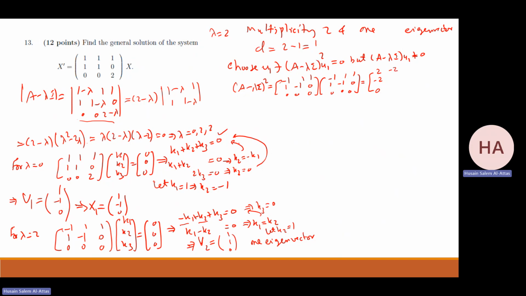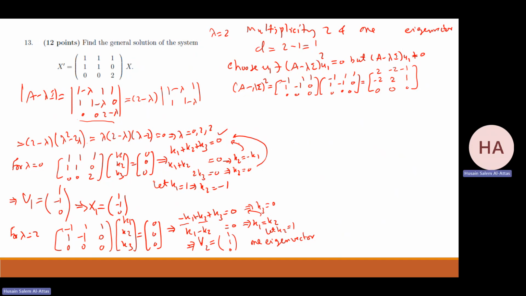This is 1 minus 1, that will be 2. And the last one 0. So the last row will be 1, 1, 0. Is it minus 1? That will be minus 1, sorry.